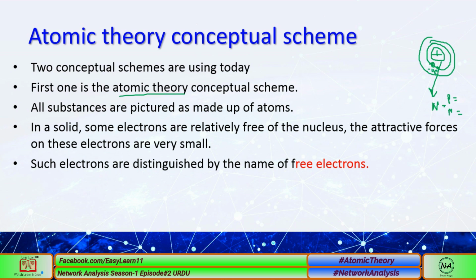For example, suppose an atom has 10 electrons. We say negative 10 charge due to the electrons, and it means there must be 10 protons in the nucleus to balance the charge, while the neutrons carry no charge. They are neutral.